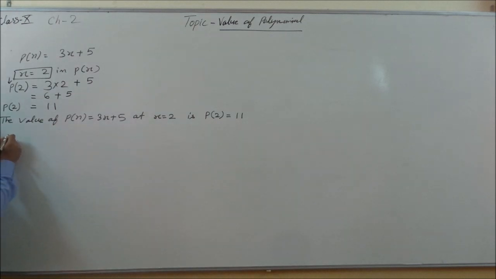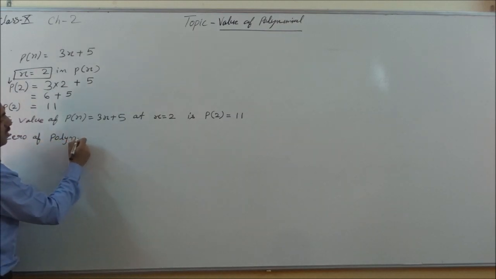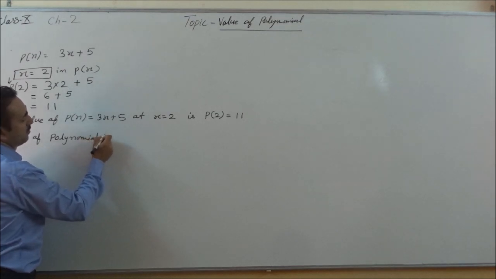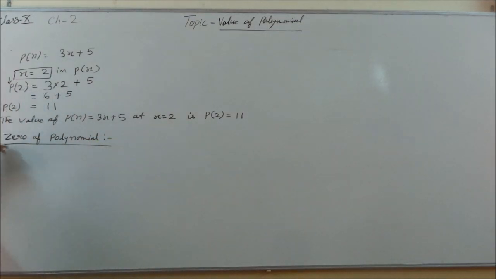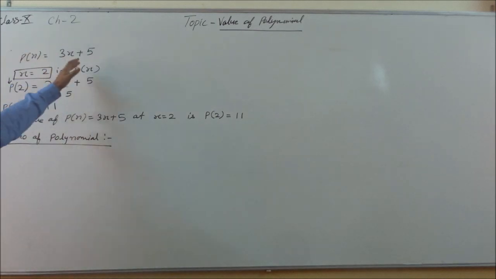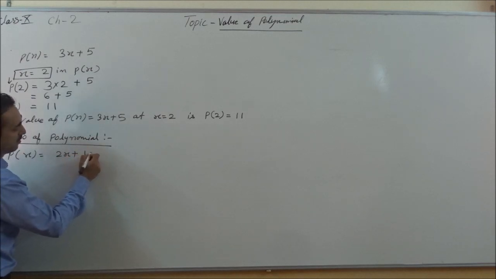Now the next topic is the zero of a polynomial. Actually, the zero is related to this topic, value of a polynomial. So what is the meaning of the zero of a polynomial? Suppose we understand by the example P(x) equals 2x plus 10.